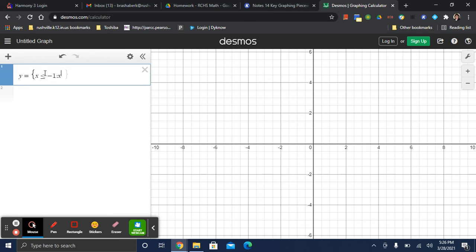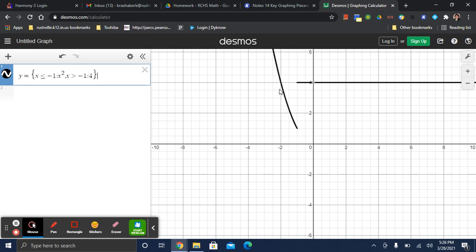Remember, that's a shift 6 to get an exponent. Then you put a comma, and then x is greater than -1. Put a colon, and the rest of that graph was a 4. And then you have the end of the brace.